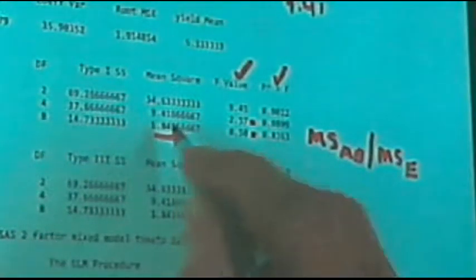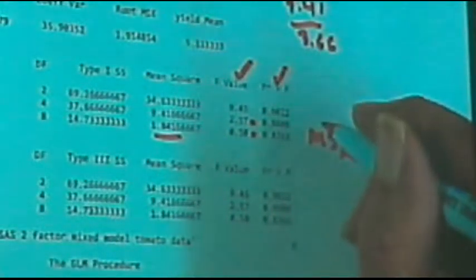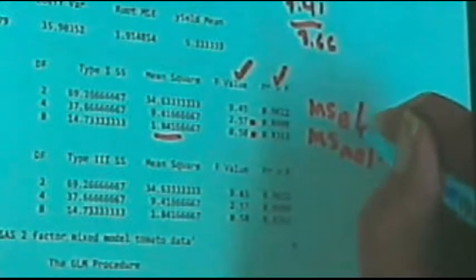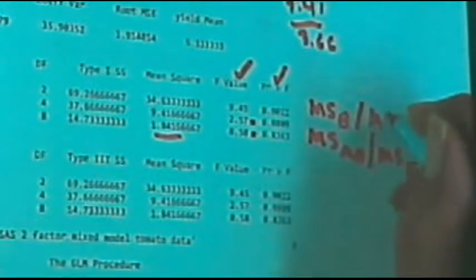So if I take the 9.41 for that mean square and divide it by the mean square error, 3.66, it looks like I'll get 2.57. I'll just assume that it comes out that way. So the test for soil is mean square B divided by mean square error.